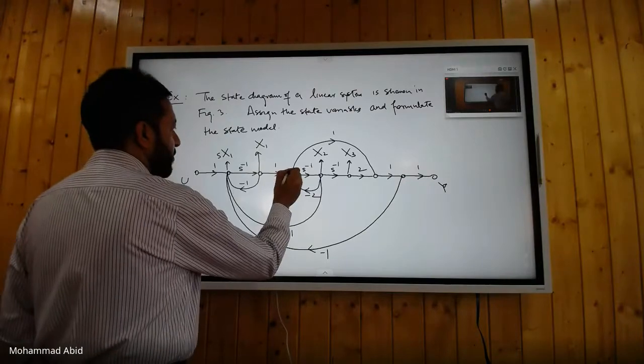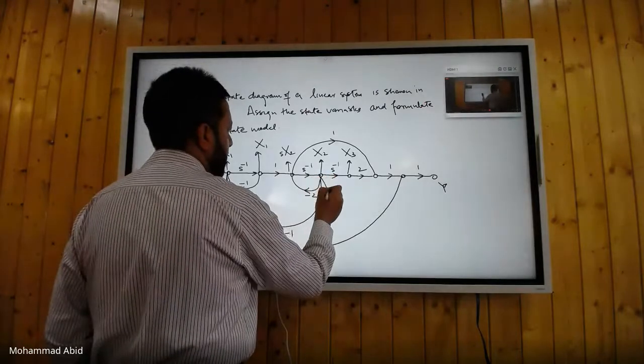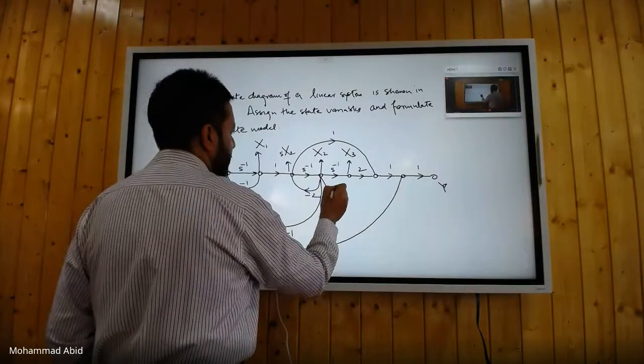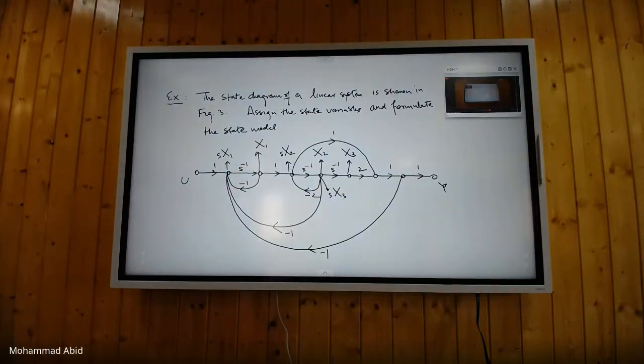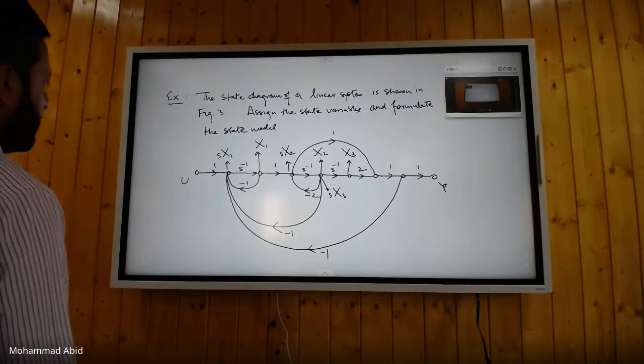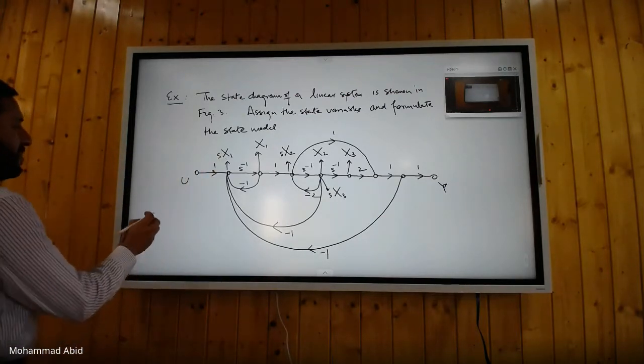And this one will represent sx2. And this one will represent sx3. Now let me write down the equation. Let me write down the equation first of all for sx1. What will sx1 be equal to?